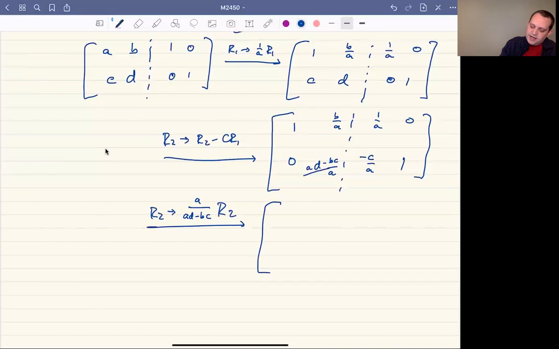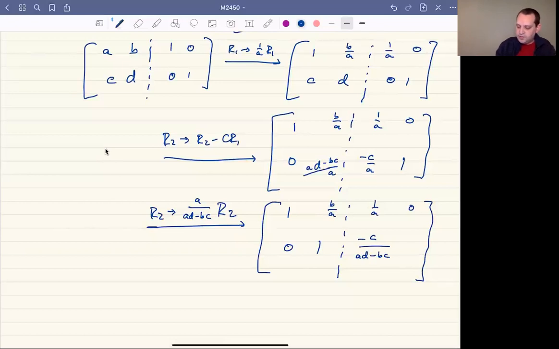What's going to happen is we're going to get 1, B over A, 1 over A, and 0. And this is going to be 0, 1. Now, if I multiply negative C over A by A over AD minus BC, we'll get negative C over AD minus BC.